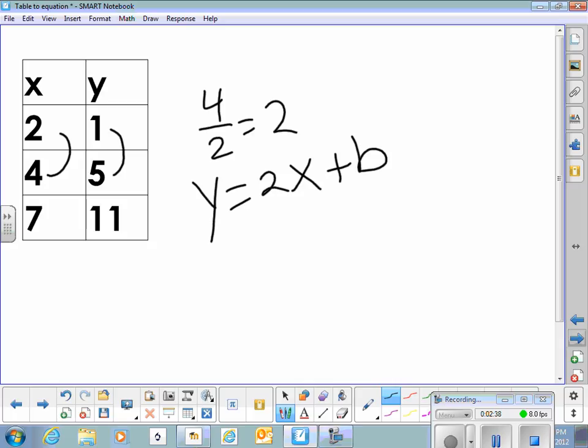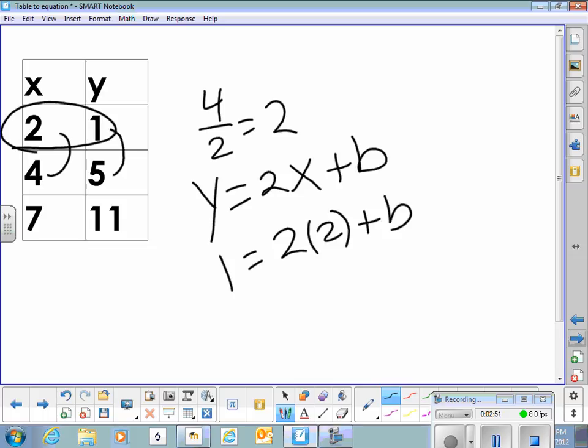To find that number, let's plug in one of those points. Let's use 2, 1, for example. The y is 1, the x is 2. The only thing we don't know in there is b, so we can solve that equation. 2 times 2 is 4. So 1 equals 4 plus something.